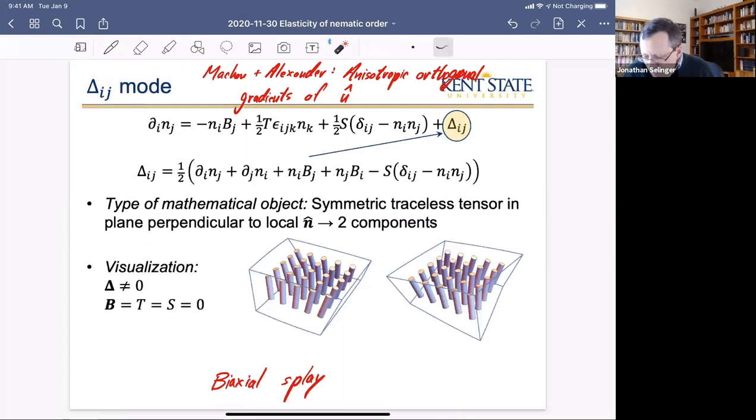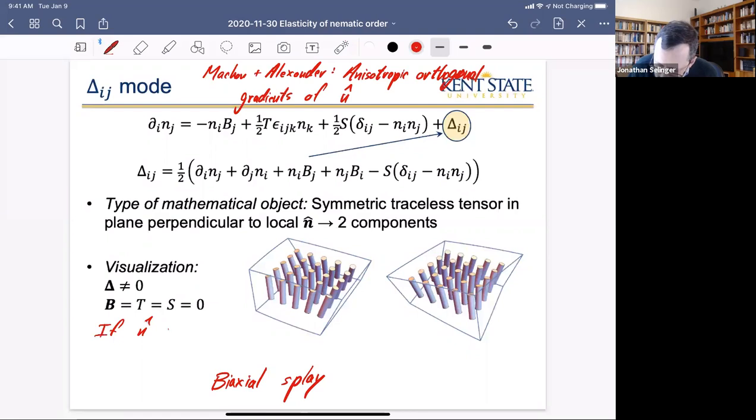Okay. What it is is easiest to see if we imagine that the director is mostly in the z-axis. Okay.